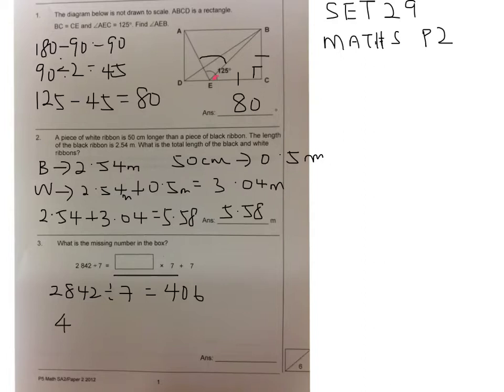So you take 406 minus 7, that will give you 399. And you take 399 divided by 7, we get 57. You could also use your calculator to try it out and see if you get the correct answer, or for double check. So question 3 answer is 57.